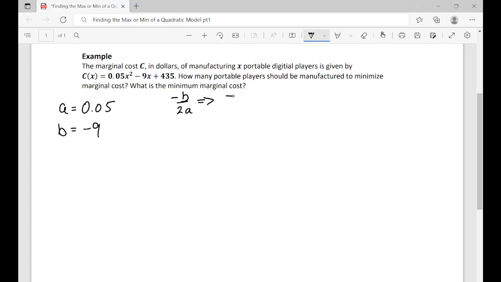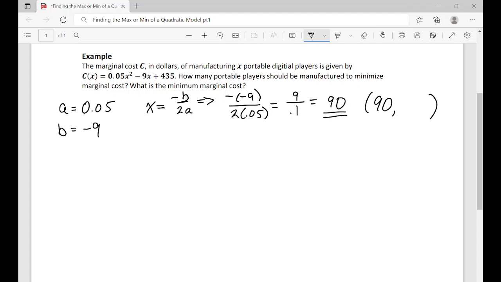So it's going to be negative negative 9 over 2 times 0.05, which is going to give us 9 over 0.1, which will give us 90. So remember that negative b over 2a is just what x equals in the vertex.